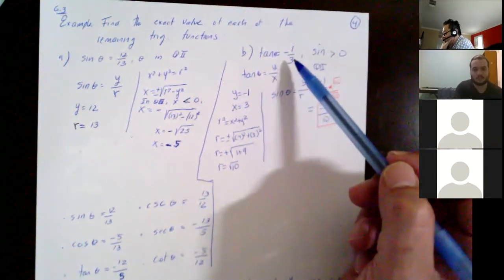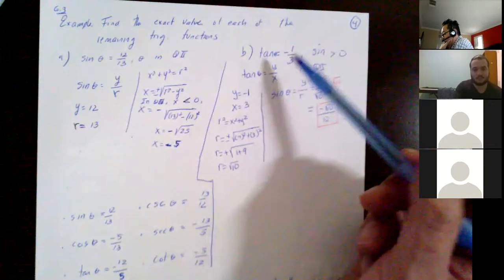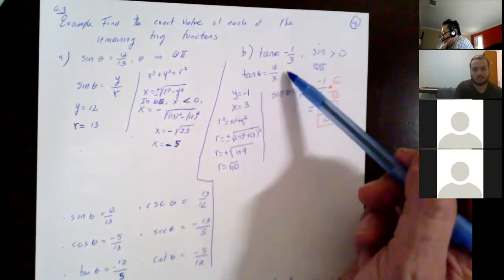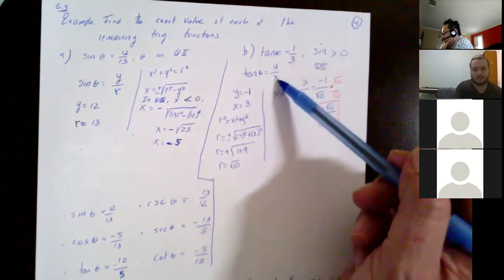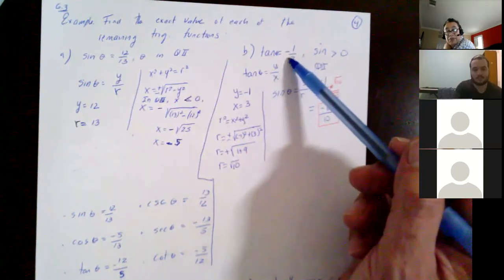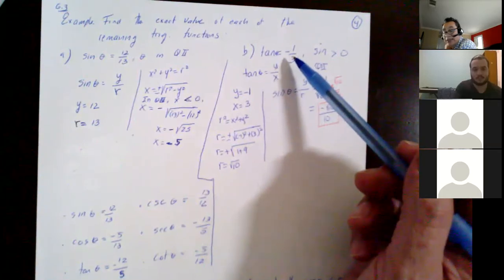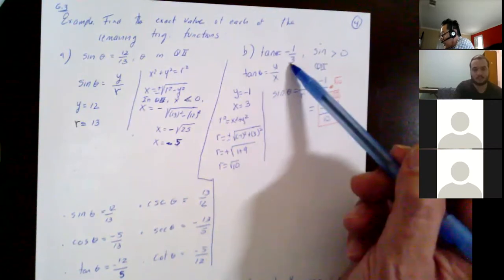Notice, that's a good question. Let me just repeat it. Since sine is positive, wouldn't y equal 1 and x equal -3?